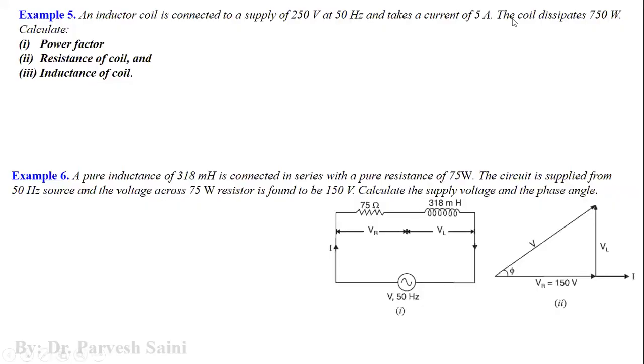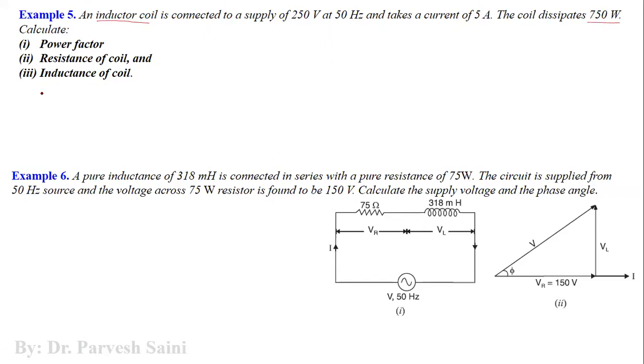So now let us take the next numerical, which is example number 5. In this, an inductor coil is connected to a supply of 250 volt at 50 hertz and takes a current of 5 ampere. The coil dissipates 750 watt. Now, this is an inductor coil, but it also dissipates the power.